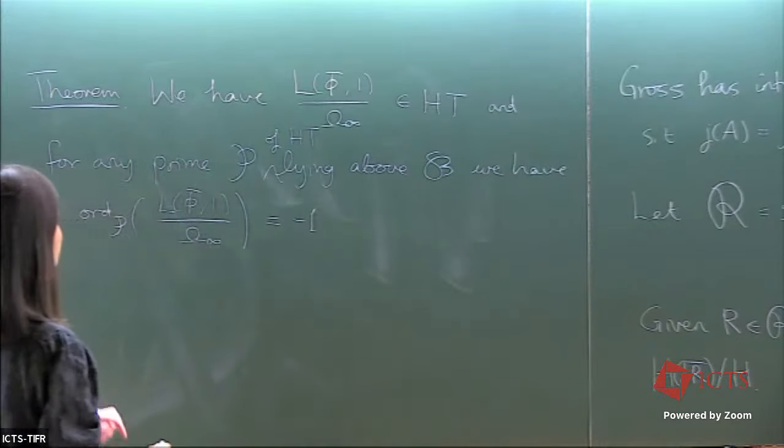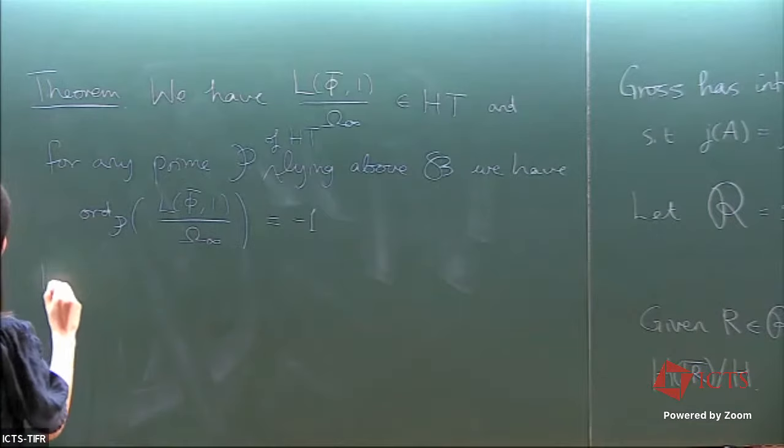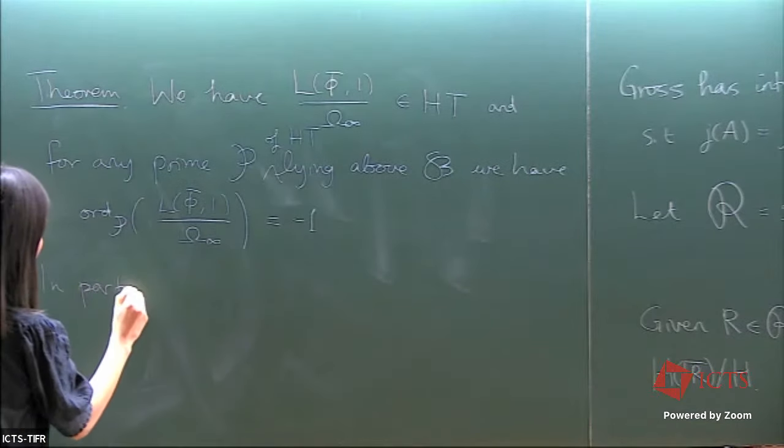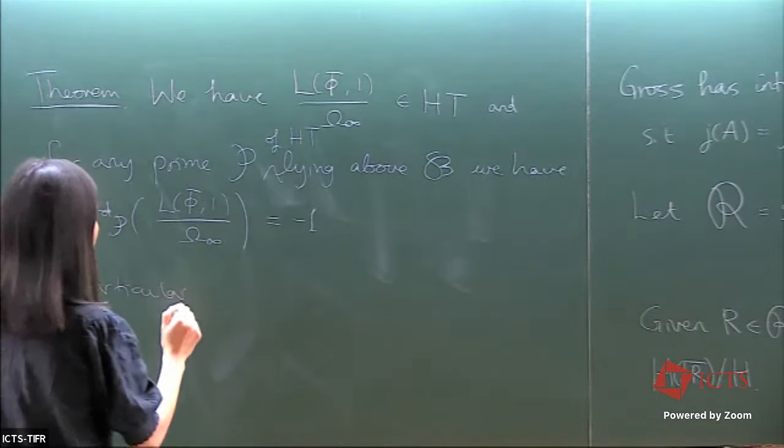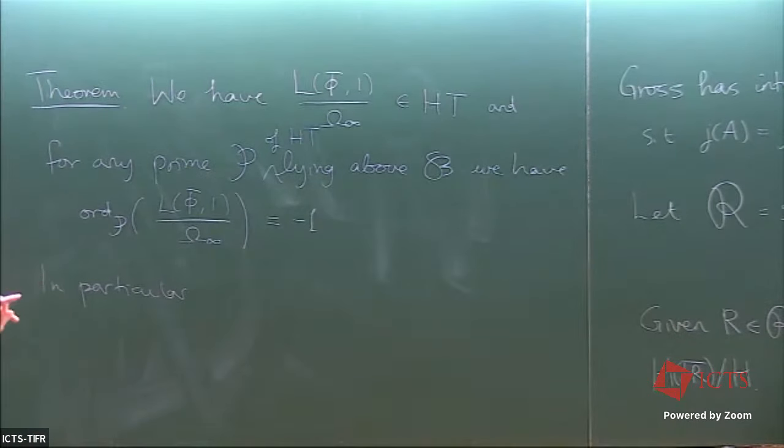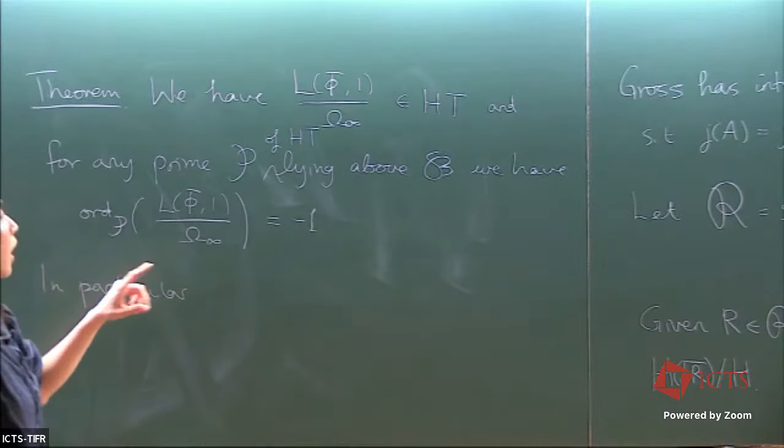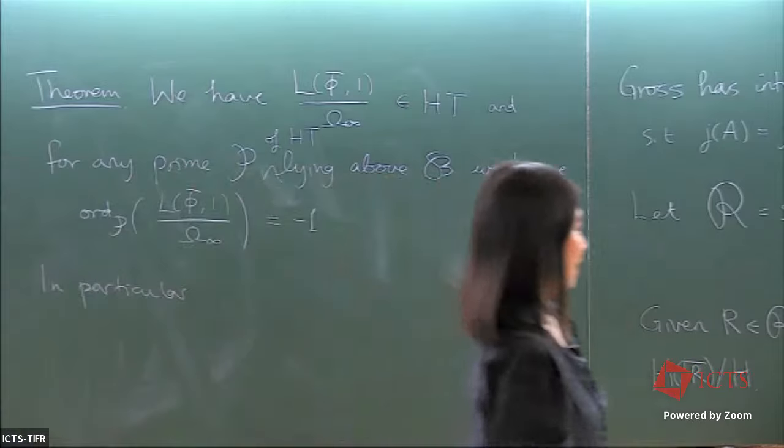And in particular, recall that the complex L series of A over H coincides with the complex L series over P over K, which can be written as a product of, oh, I forgot maybe.